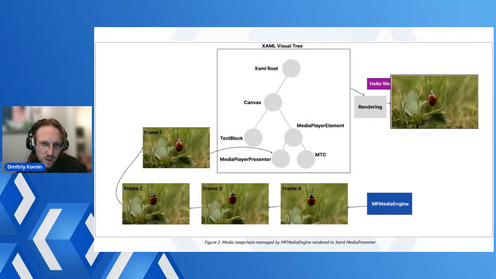So this is just a quick overview of how media is integrated into XAML, very high level here. On the bottom, we've got a media swap chain that the MF Media Engine produces, manages, and pumps frames into. On this visual tree, we've got a media player element with some children.